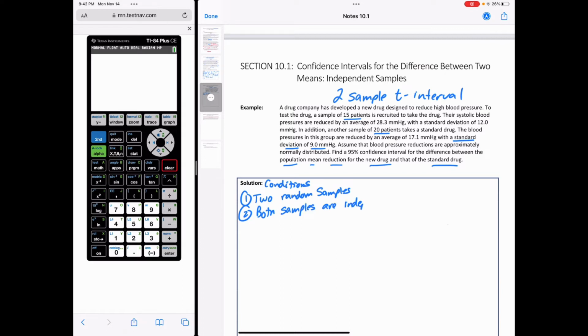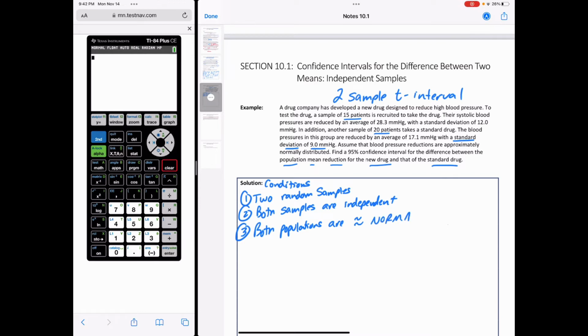And here's what I mean by that: I think what happens in one sample is not going to have any impact on the other. The normal condition, you need to check for both groups. And notice that it says that the populations are normal, or approximately normal. So I'm going to say both populations are approximately normal. So we're good to go.